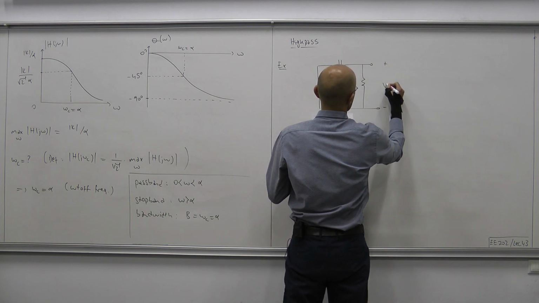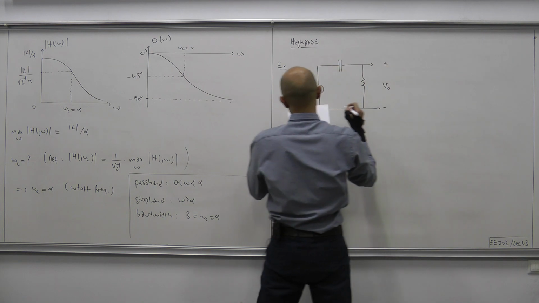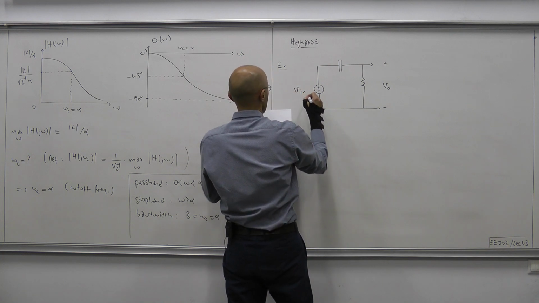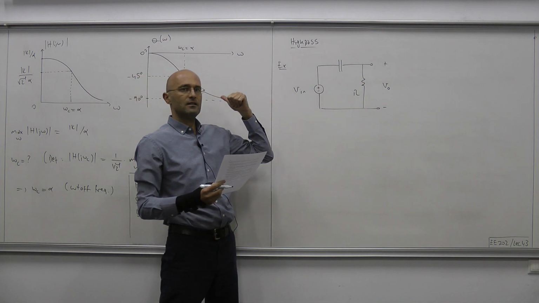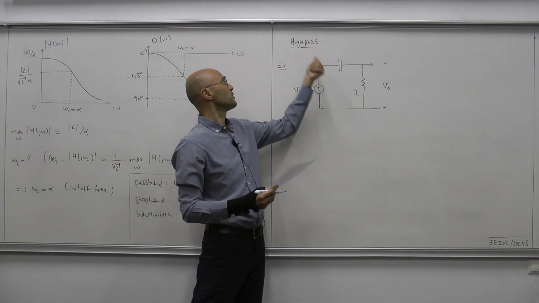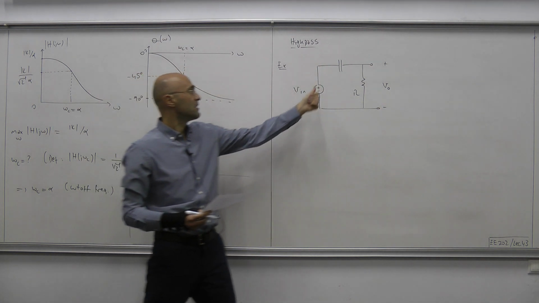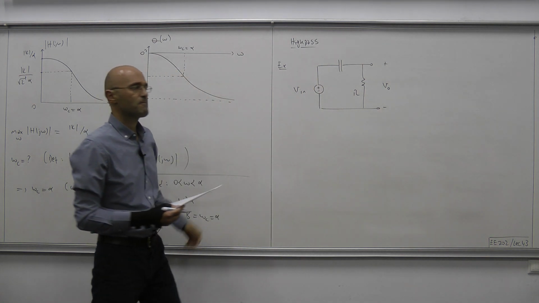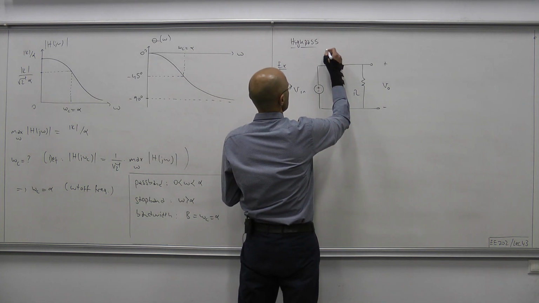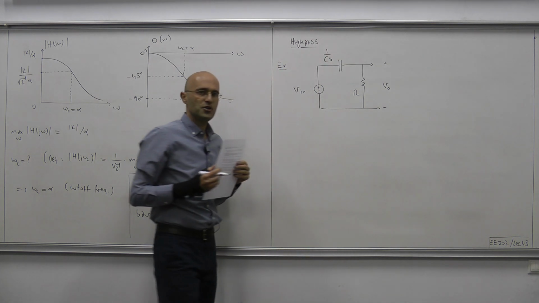Here we have V in, and V out. This is R. In the previous example, which was an example for low pass, here we had an inductor. Now we replaced the inductor with a capacitor whose impedance is 1 over CS.